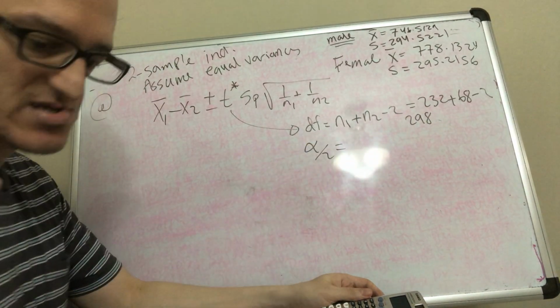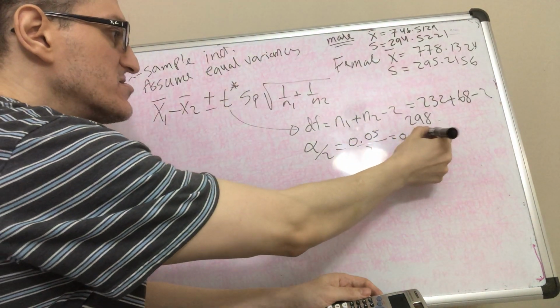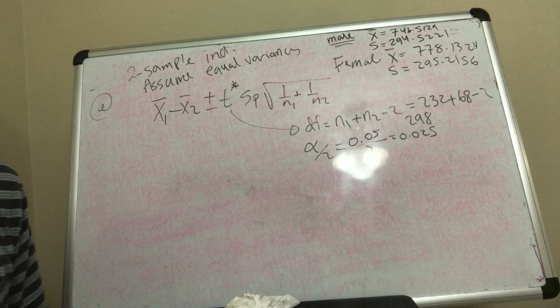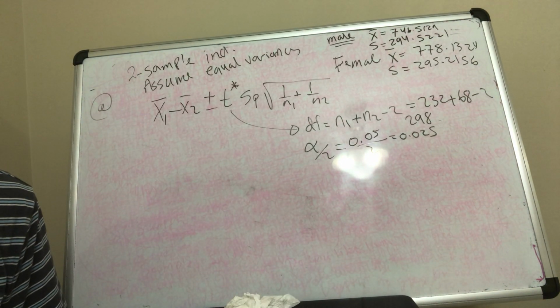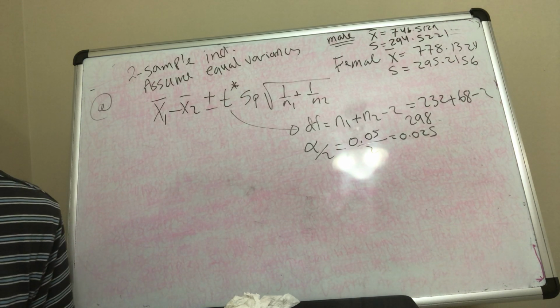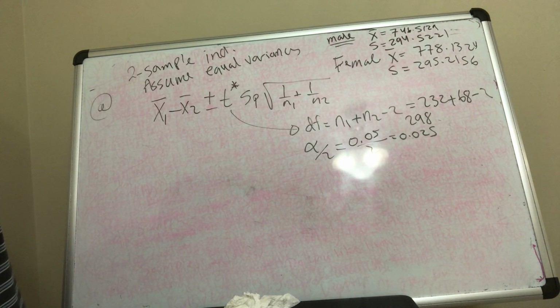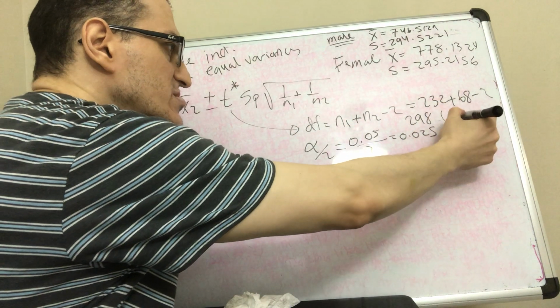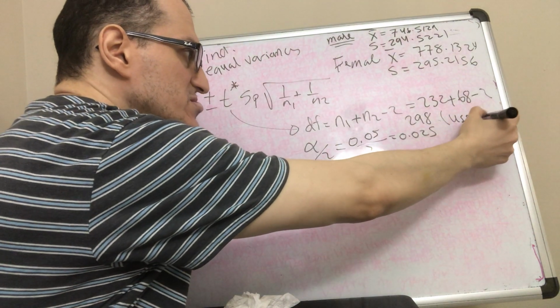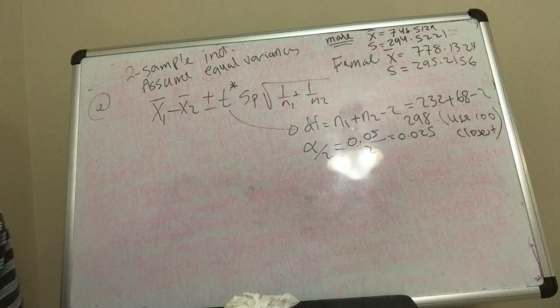And alpha over 2, since it's a confidence interval, alpha here is 5%, so 0.025. You go to your t-table. The t-table I'm using doesn't have degrees of freedom 298. I don't know if yours does. I doubt it. So I'm going to use the closest one but less, so I'm going to use 100. If you can't find the degrees of freedom, use the closest one but less.